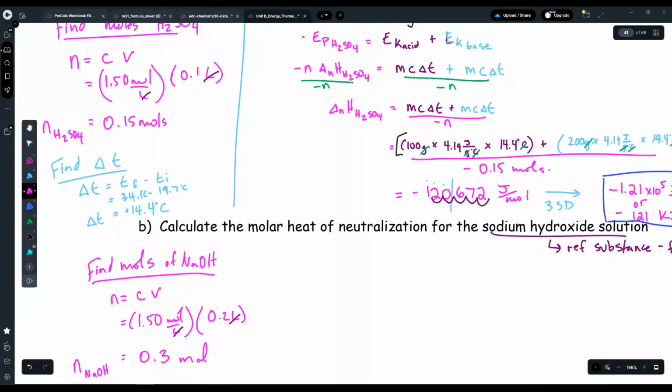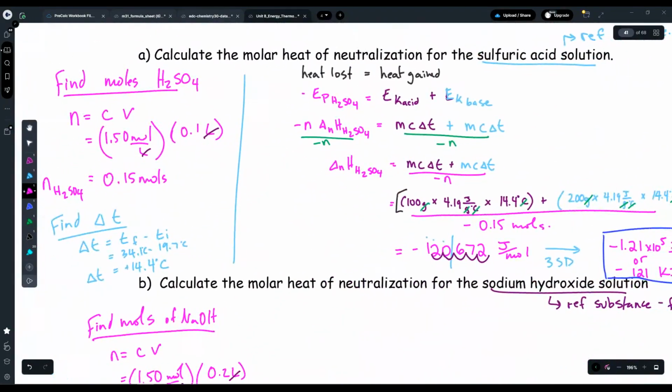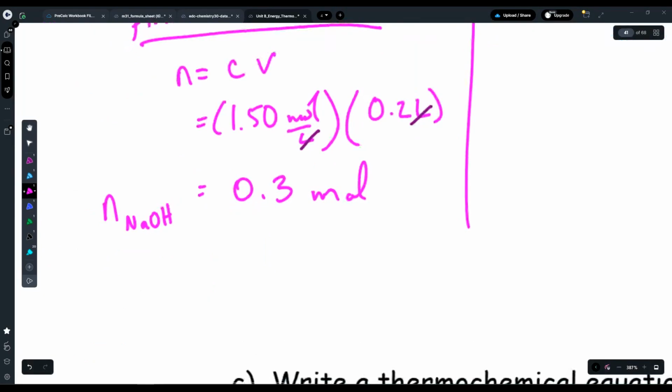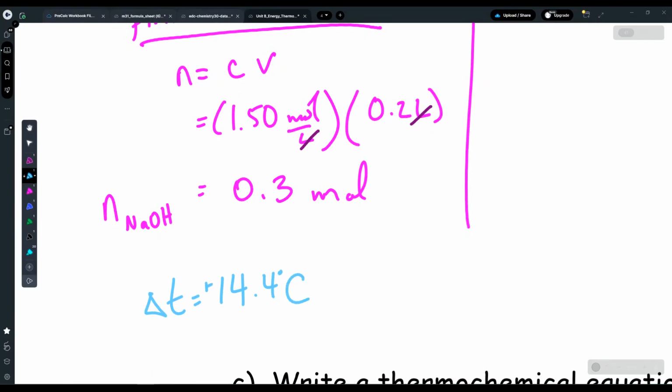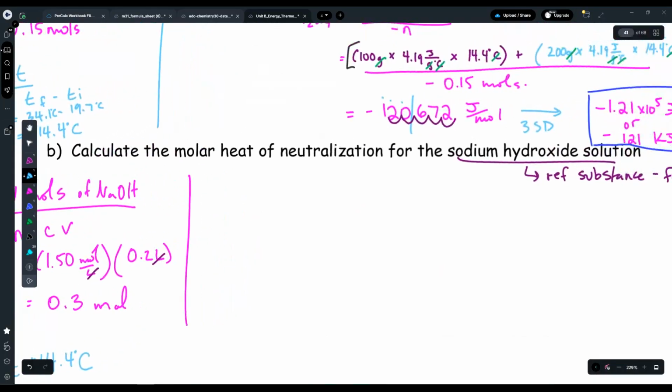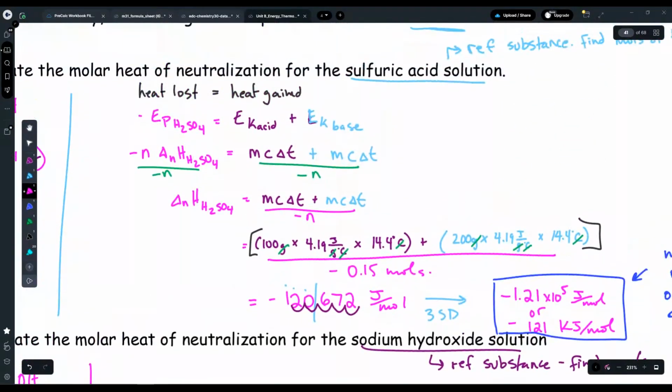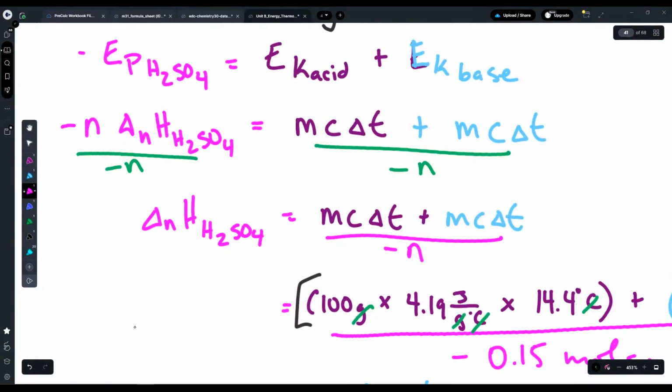Now for the change in temperature, since it's talking about the same reaction, our change in temperature is still 14.4 degrees Celsius. Okay, so I really don't need to calculate that over again. I can just write positive 14.4 degrees Celsius. So what I can do now is we can essentially use this equation over again. The only difference is that our reference substance is sodium hydroxide and not sulfuric acid.